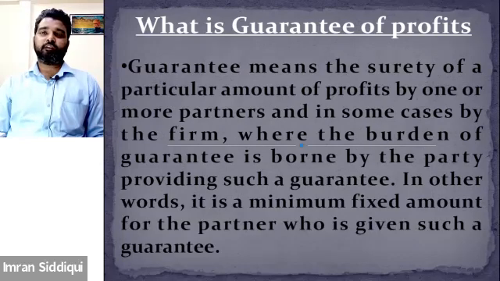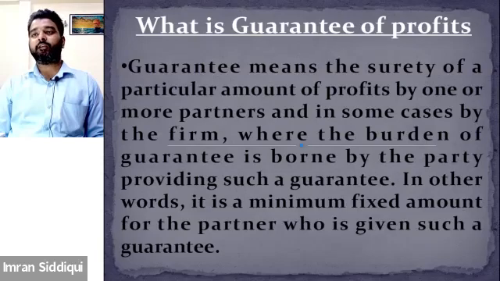All right. So under the guarantee, a certain sum of profit is assured to a new partner, wherein the person who is giving the guarantee has to bear the ultimate liability of that profit. If the firm is unable to provide a sufficient amount of profit that is guaranteed by such partner, then that particular person who has given the guarantee will be liable to make up for such deficiency.